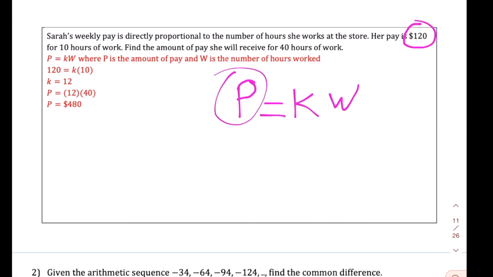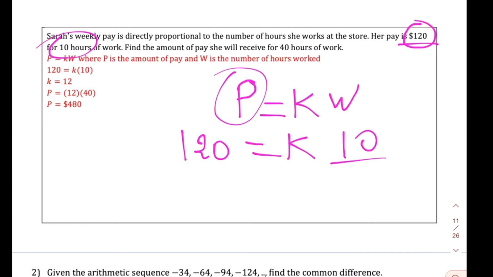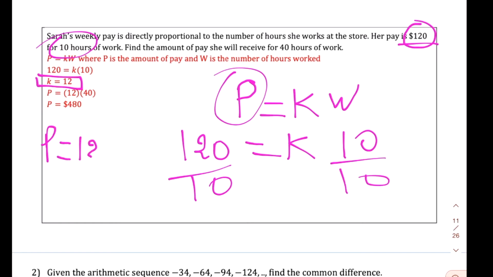So instead of P, you put 120 equals K times W, 120 for 10 hours, times 10. Divide by 10. You get K equals 12. And that's how you get K equals 12. And then substitute, you get P equals K, which is 12, times number of hours for the second part of the question. How much for 40 hours?